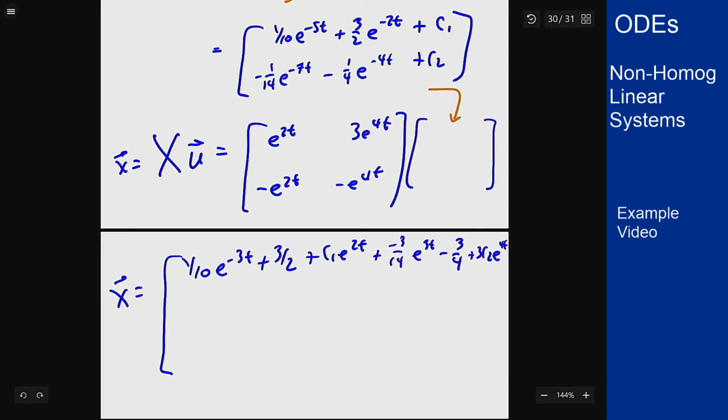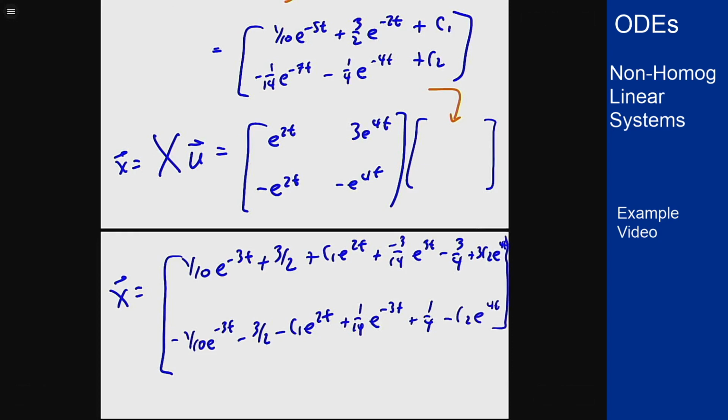And at the bottom, I will get a negative 1/10 e to the minus 3t minus 3/2 and a minus c1 e to the 2t plus a 1 over 14 e to the minus 3t plus a 1/4 minus a c2 e to the 4t. And you can see where this is going.